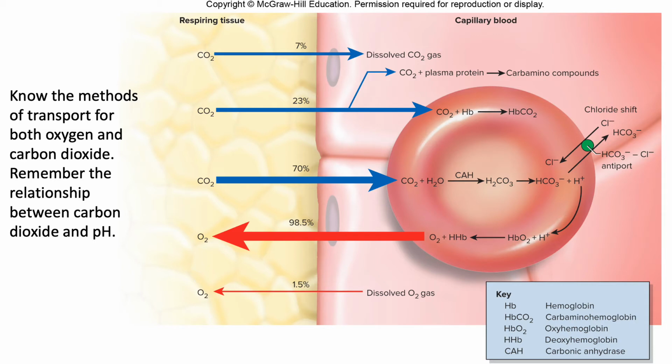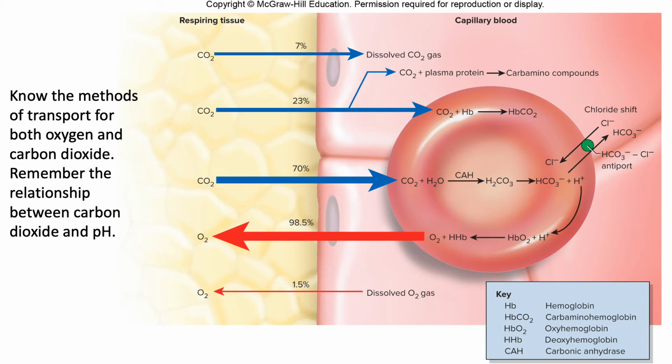So again, how gases actually travel. You should know the relative amounts and the transport methods of both carbon dioxide and oxygen. Very little carbon dioxide is actually dissolved within the fluids, but some is. 23% is actually bound to hemoglobin, just as oxygen would bind to hemoglobin.